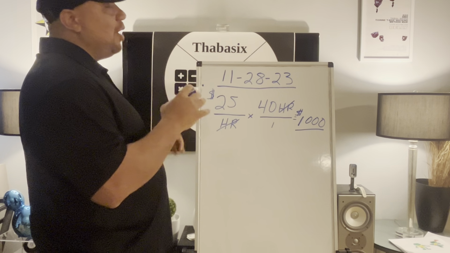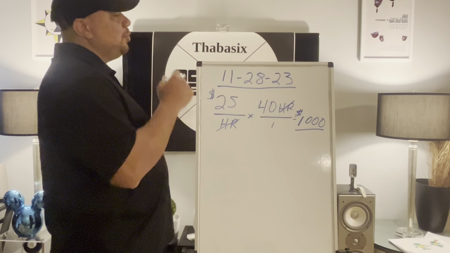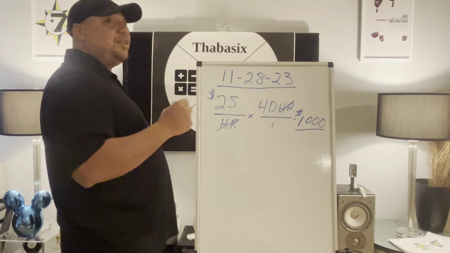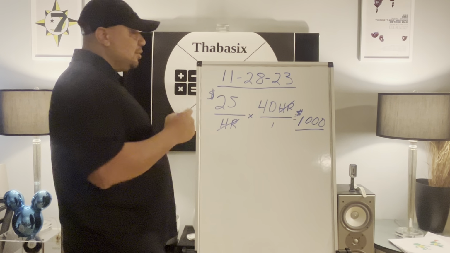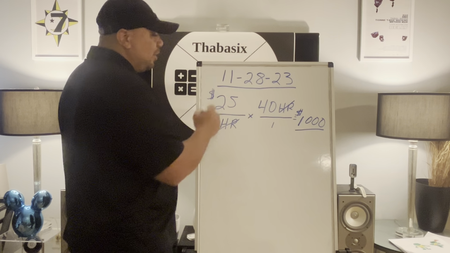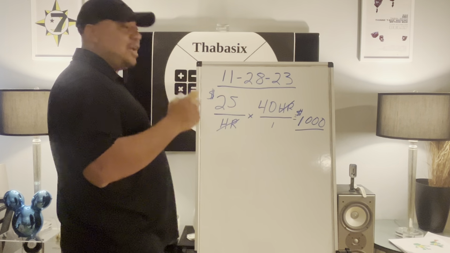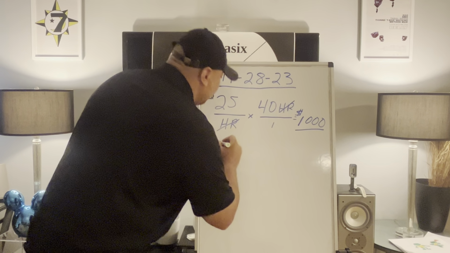Now, time and a half. We worked 2.5 hours, but the pay rate is different. It increased by a half. So you would multiply 25 times 1.5. That's what the time and a half represents. Let's see what the hourly rate is.